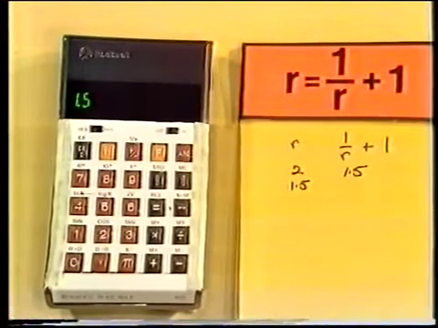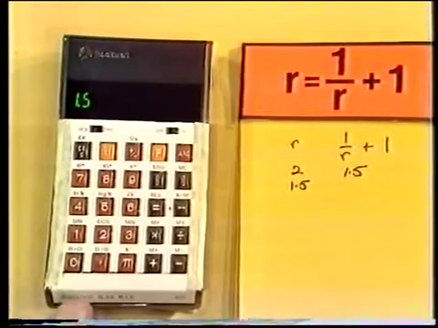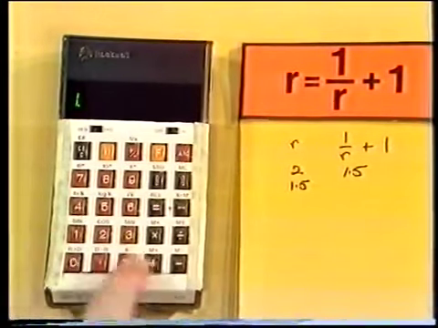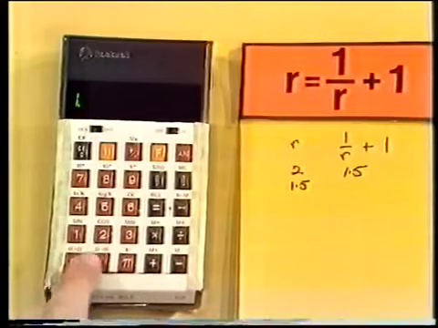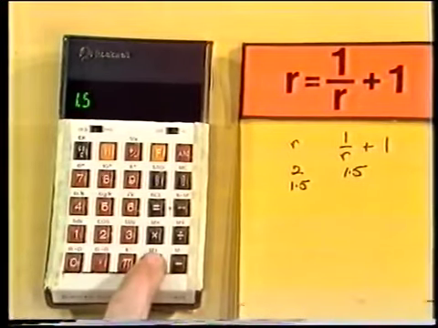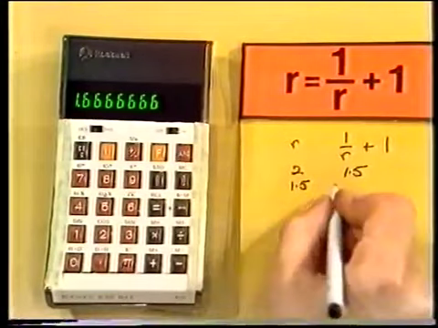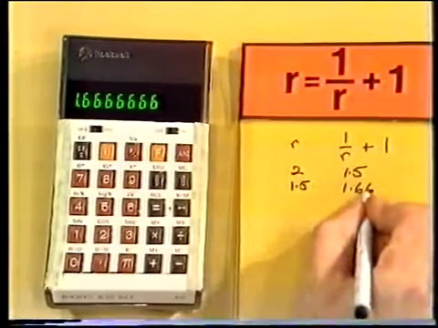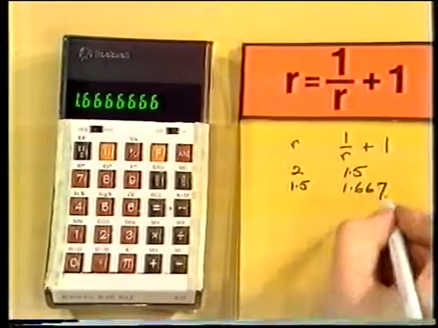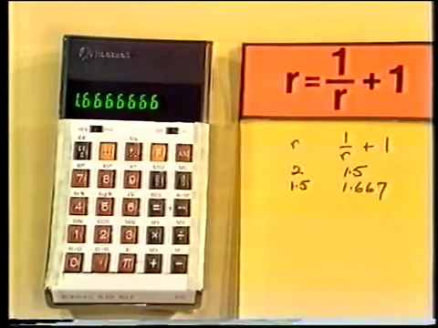So let's calculate the right-hand side now with r replaced by 1.5. I've got to get 1 divided by 1.5, add 1, and that equals 1.667, let's just stop at 3 decimal places. Well, you can guess what I'm going to do next.